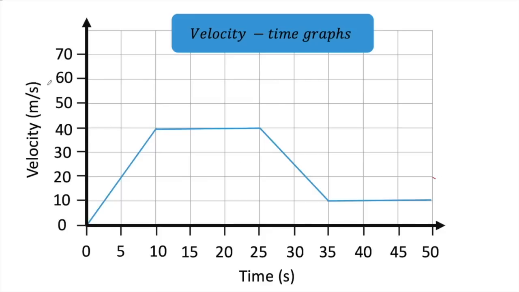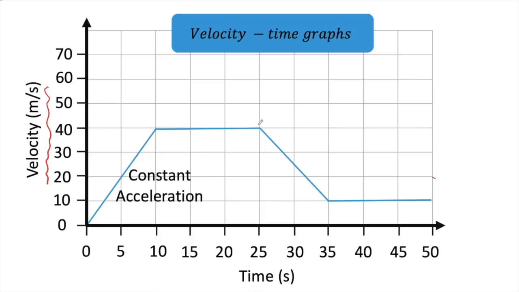Velocity time graphs. With velocity time graphs, you need to check that the y-axis says velocity and not distance, because that's a different motion graph. With velocity time graphs, a straight line at an angle would show a constant acceleration.